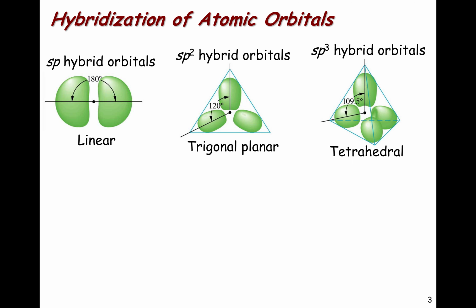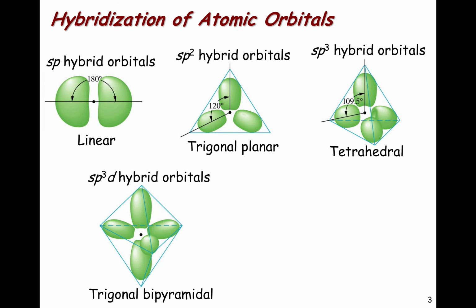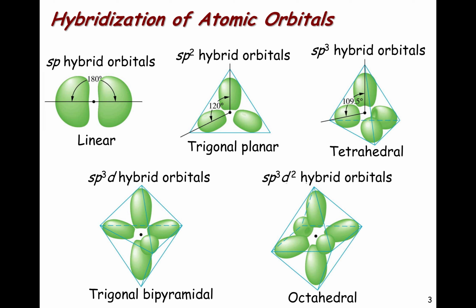And then sp3 points at the corners of a tetrahedron, and then an sp3d type hybrid is for the trigonal bipyramidal structure, and finally octahedral sp3d2.